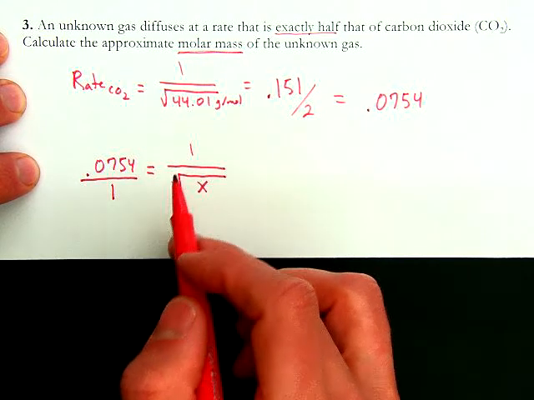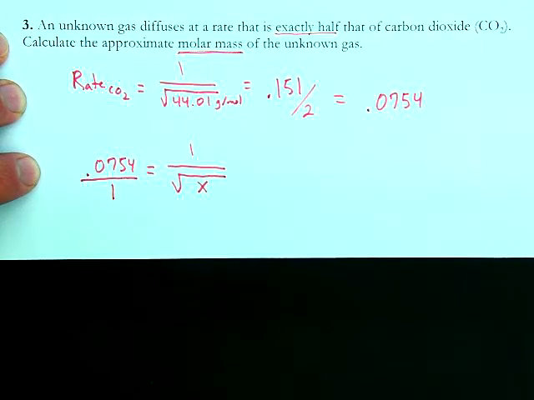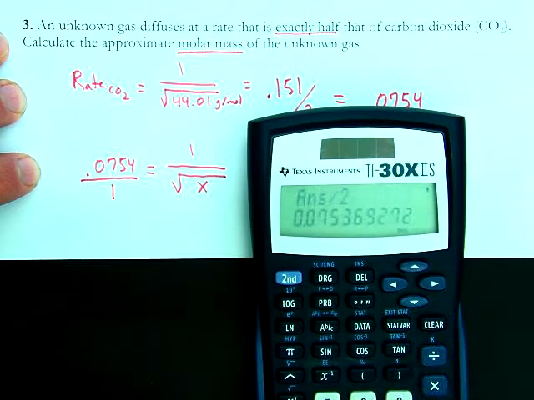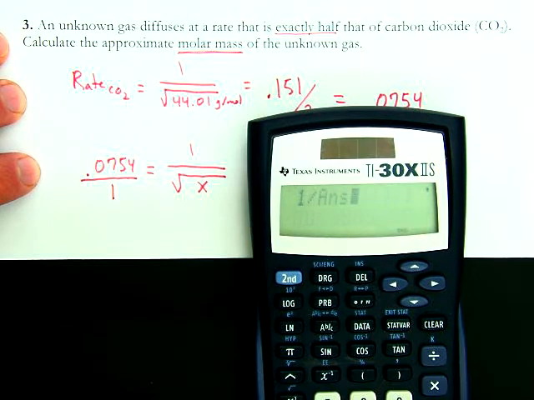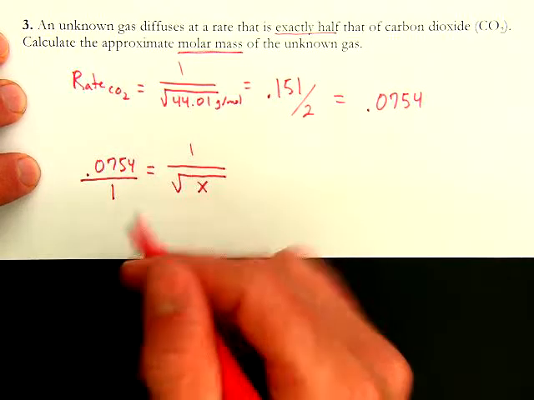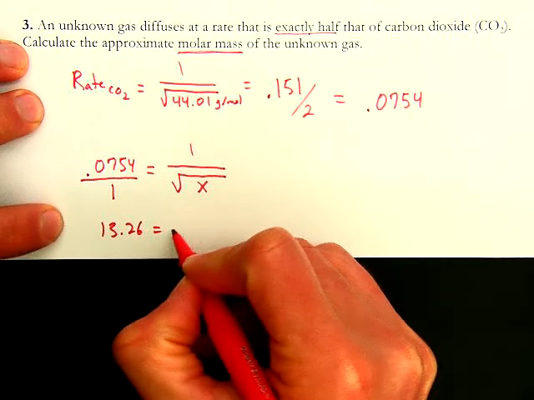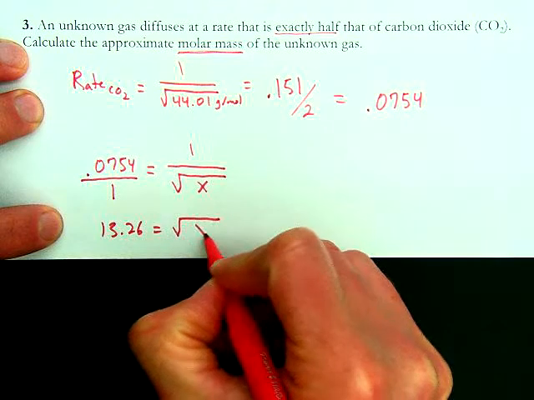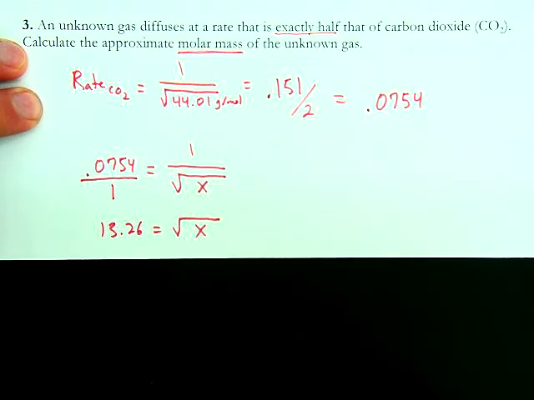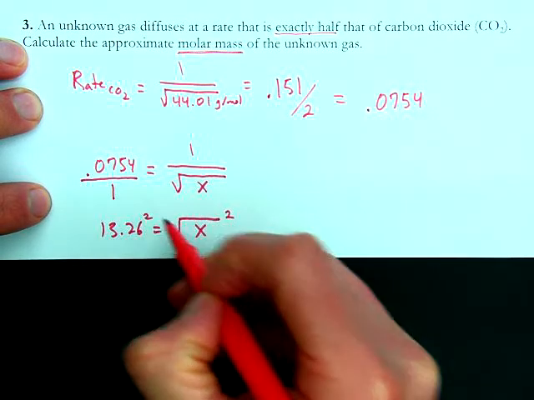So basically, if you take 1 divided by 0.075, you get this number, 13.26. Now, 13.26 is equal to the square root of x. We need to solve for x, so we're going to square on both sides.